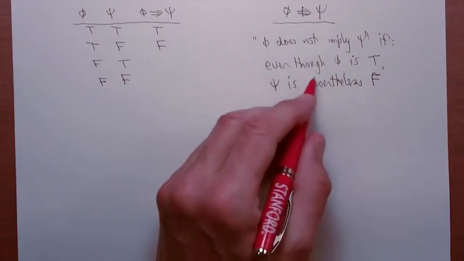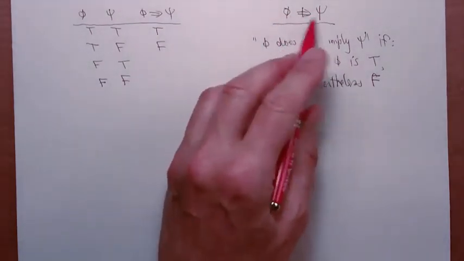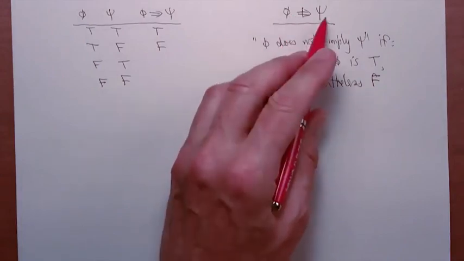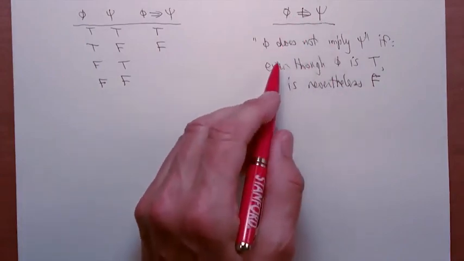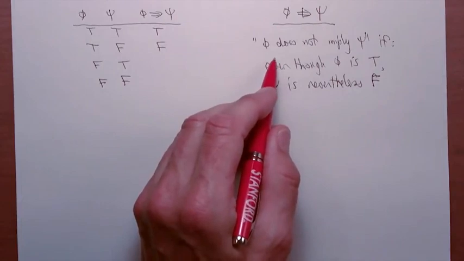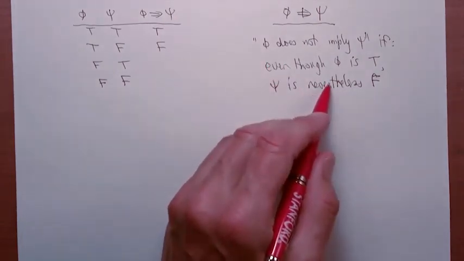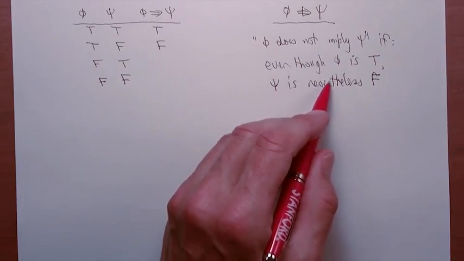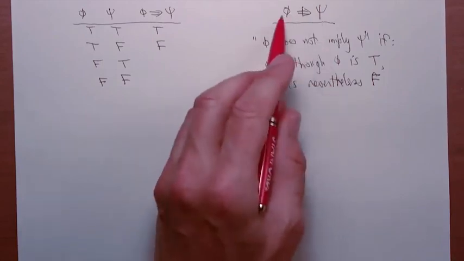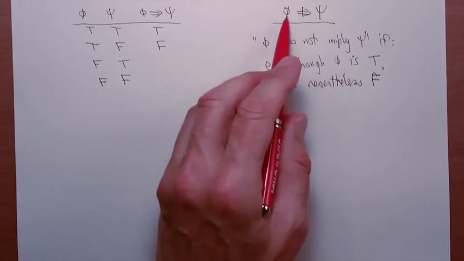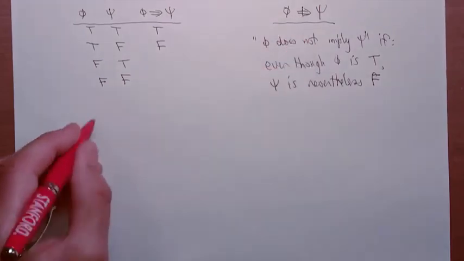That's how you know that this holds. You know that phi doesn't imply psi if you can check that phi is true, but psi is nevertheless false. That's the only circumstance under which you can conclude this is true. In all other circumstances, this will be false. So let me write that down.